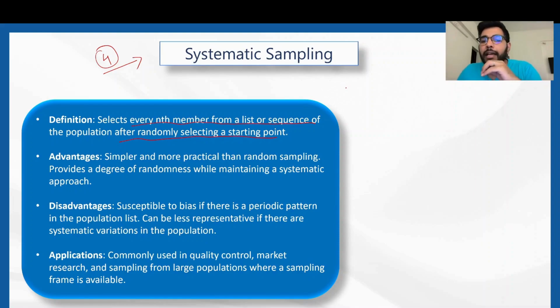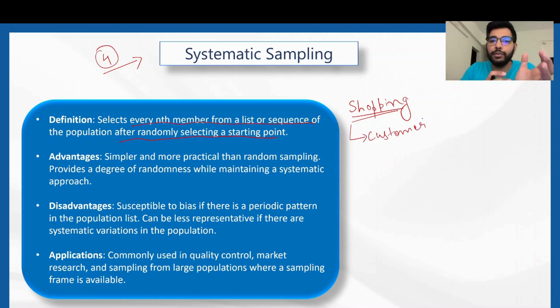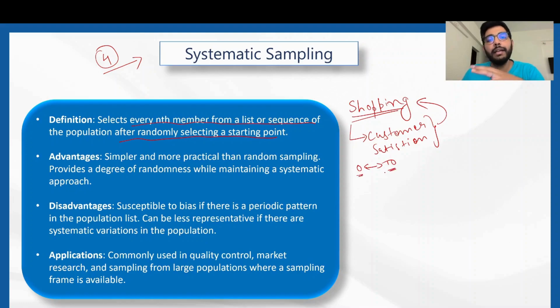starting point. Let's take an example wherein, let's say, I have opened a new shopping store and I want to gauge the customer satisfaction of all the customers who walk into my store. Let's say the satisfaction rating that any customer can give is from 0 to 10, 0 being the least, 10 being the highest.